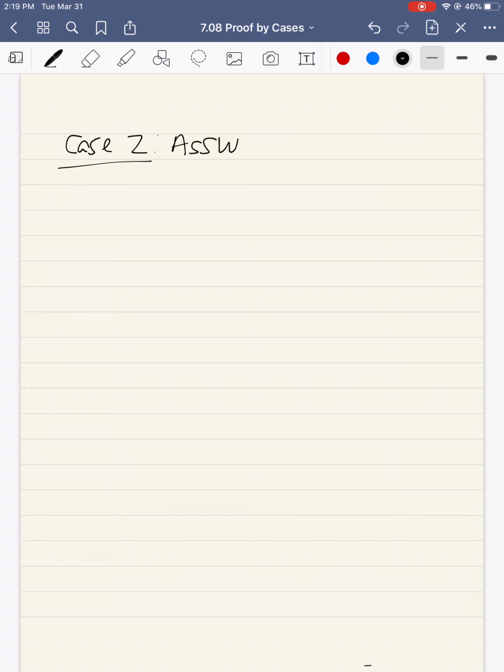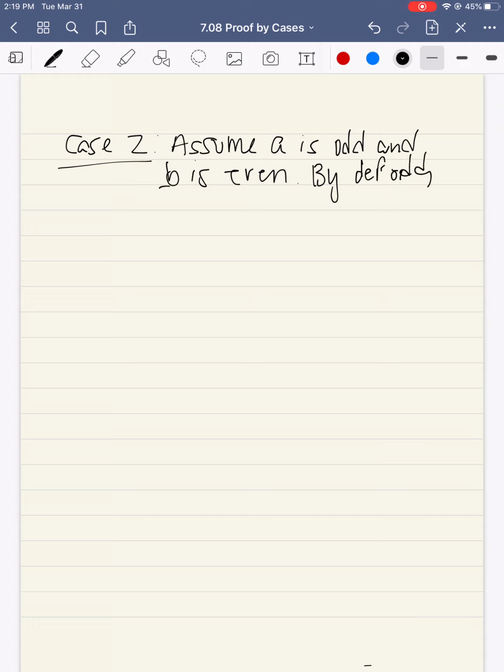assume A is odd and B is even. So by definition of odd, there exists a j, that's an integer, such that a equals 2j plus 1.